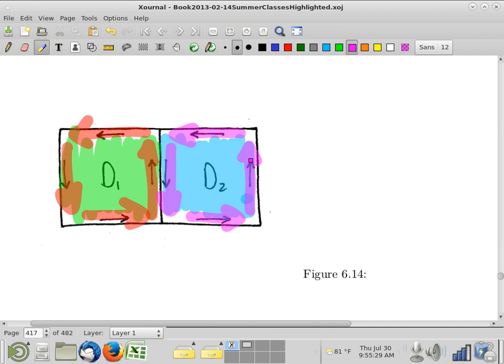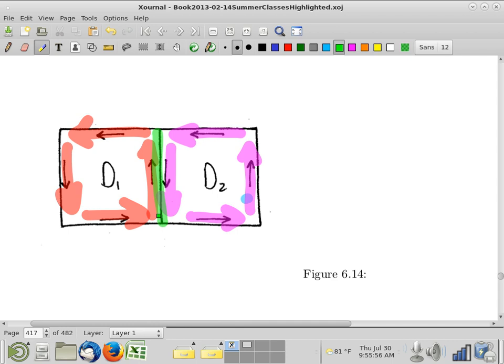So the sum of these two boundaries, well, I have 8 little pieces of curve. Let's draw our attention, though, to this edge. That edge appears twice in this summation. It appears as part of the boundary of D1, oriented up. It appears as part of the boundary of D2, oriented down.